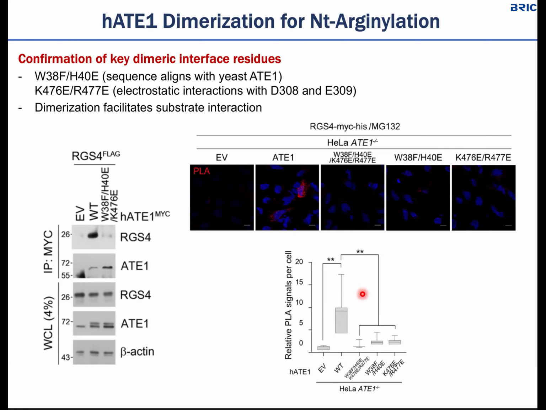And consistent with prior data, mutations at the dimeric interface disrupted RGS4 AT1 complex formation. These data collectively suggest that the dimeric interface of human AT1 is essential for its catalytic activity, presumably by stabilizing the AT1 protein prior to its substrate binding.